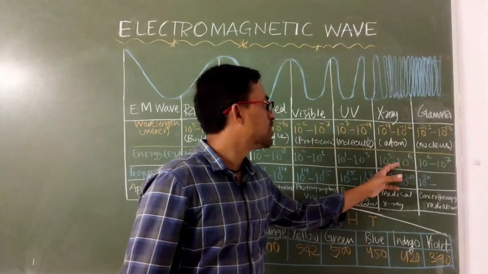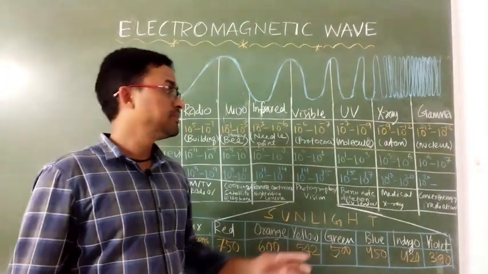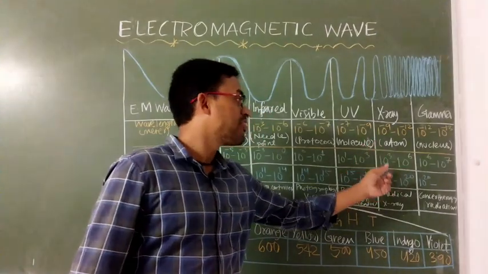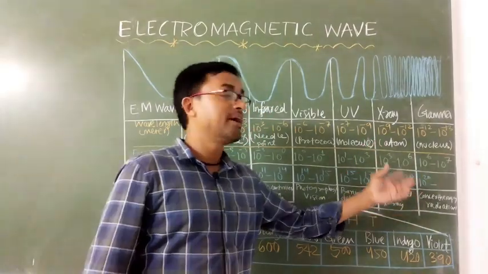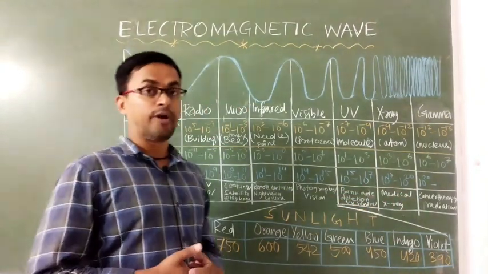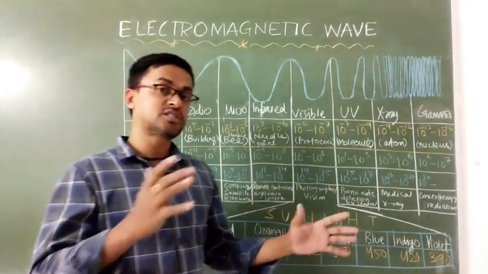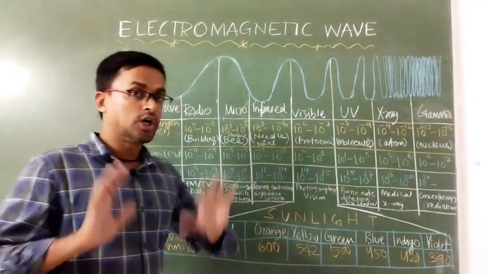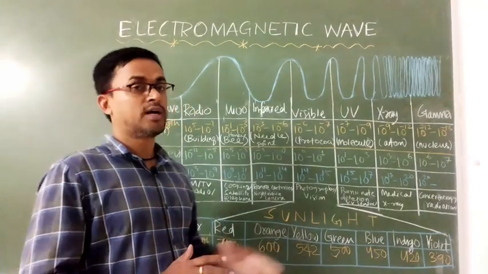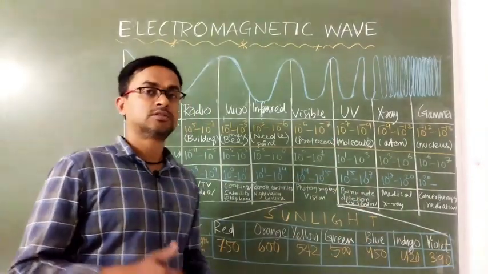The energy is 10 to the 3 to 10 to the 6, that is, 1000 electron volts to 1 mega electron volt. It is a very, very highly energetic wave. Therefore, when X-ray scanning is being conducted, other people are not allowed to enter the room where the test is taking place.